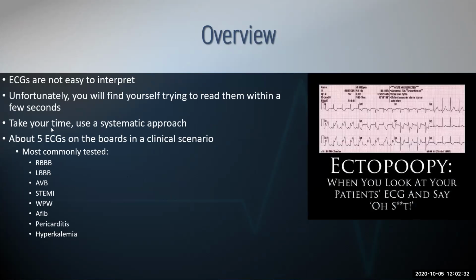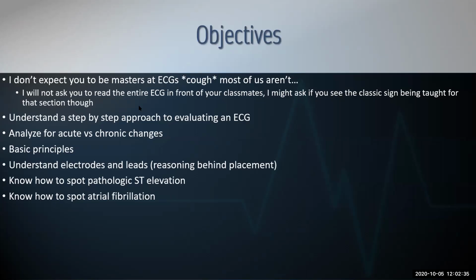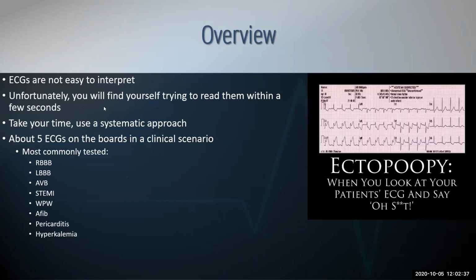I'm not going to ask you guys to interpret an entire EKG in front of everyone, but if there are pathognomonic findings or major findings, I will ask you to do that. I think it's important to feel comfortable going over this in front of your colleagues, knowing this is not an atmosphere where we're going to judge, but just so you feel comfortable being put on the spot, because when it comes to codes and other situations, you will be put on the spot.